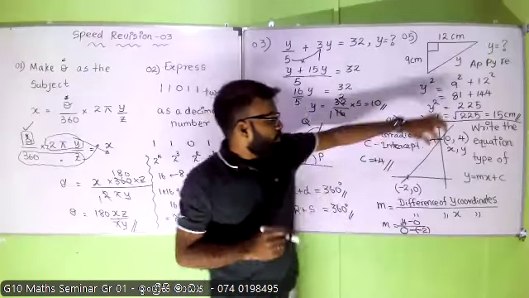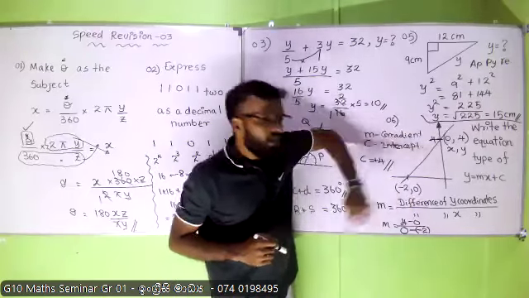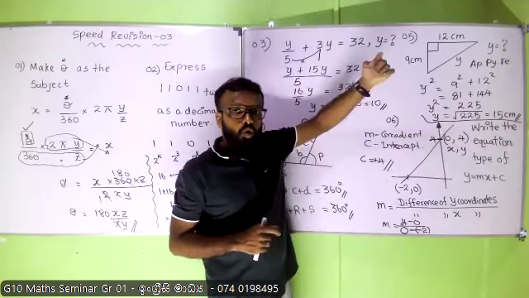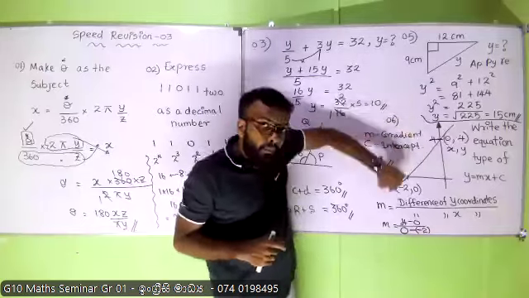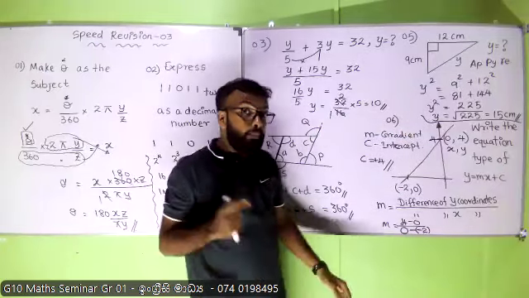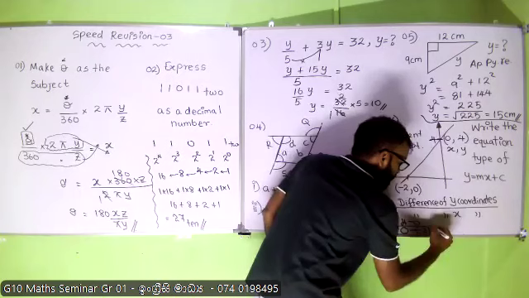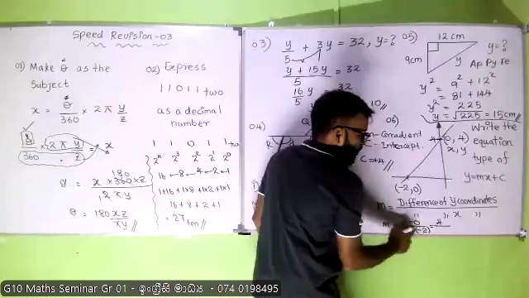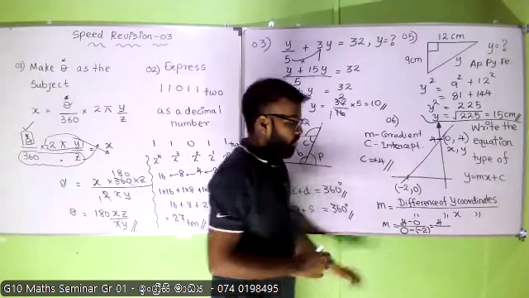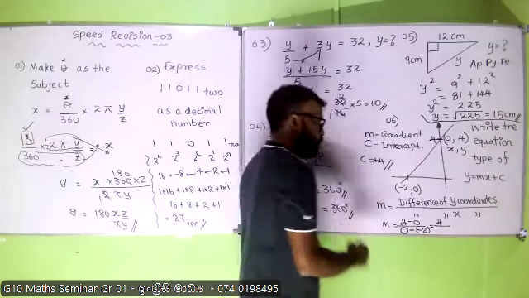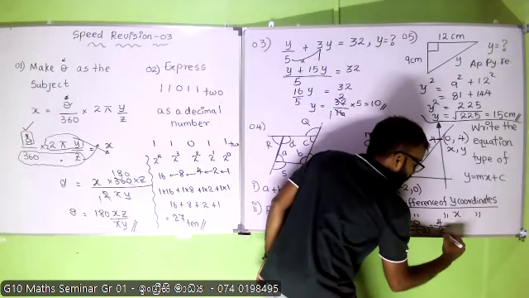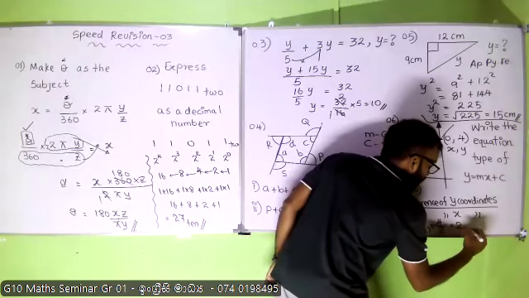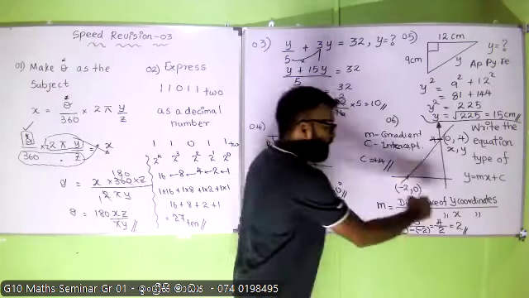First of all, we pick this one, 4 minus 0, so that in the same pattern 0 minus minus 2, right? Because this is the subtraction. So simplify. 4 minus 0, 4. 0 minus minus 2, minus into minus positive 2. 4 divided by 2, 2. So your m is 2.